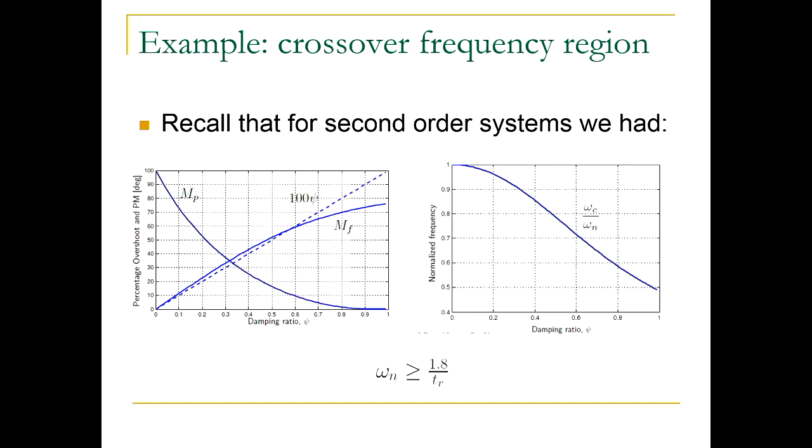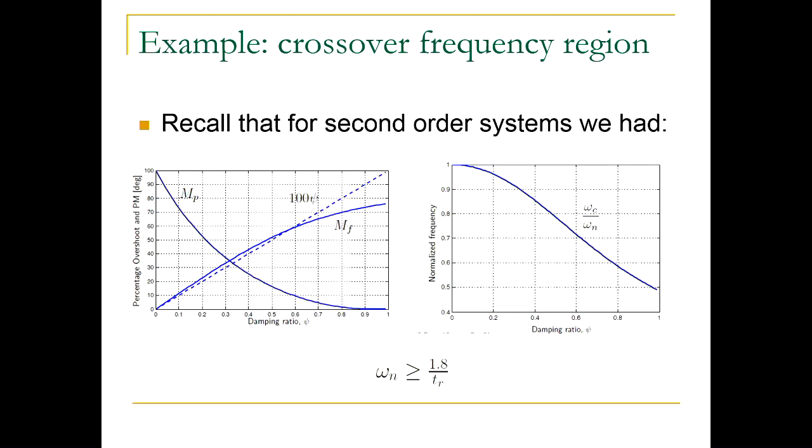You can then say, suppose now I also want to satisfy a condition on a certain rise time. So I give you the rise time you want. We saw from Laplace domain analysis that for second order systems, the natural frequency should be larger than something like this. You remember there's this semicircle of radius omega n, and you have to be outside of this circle in the left half plane.